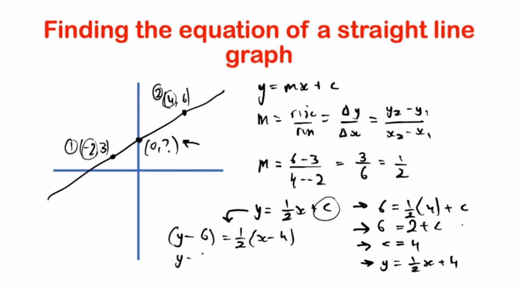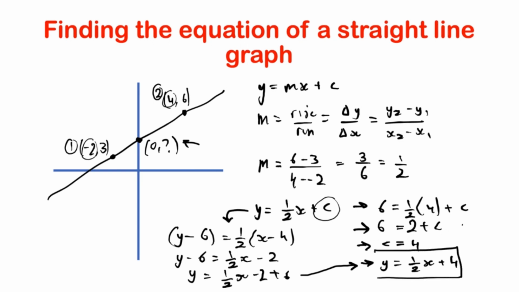So y minus 6 equals half x minus 2. So y is equal to half x minus 2 plus 6. You add 6 to both sides, and then this will give you this equation. Both methods are correct. Both methods will give you the same answer. So choose whichever you would like.